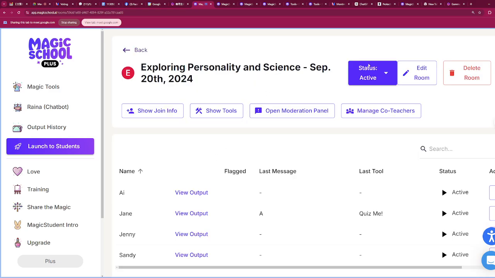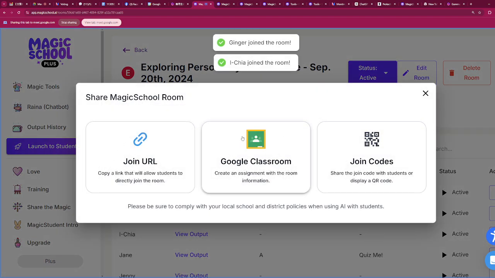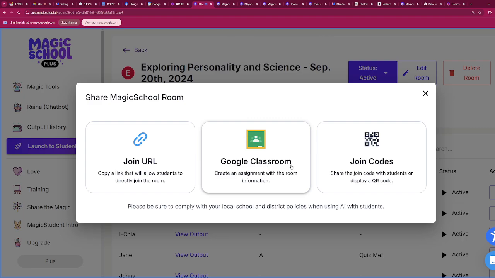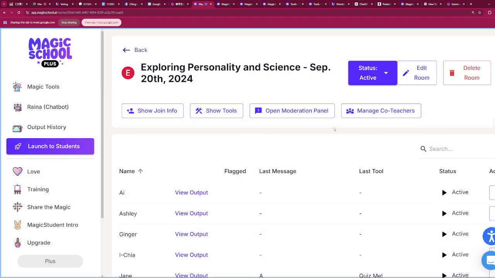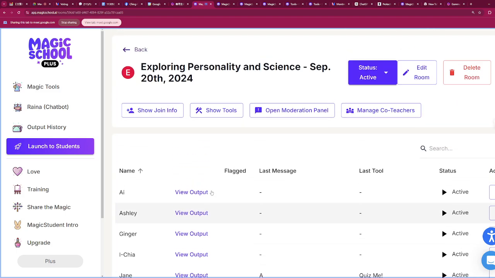This is the join information. Please join. You could also insert it into Google Classroom or use the join code. Yay, so far 3 people have joined. 4. Wonderful. Join me in this room. Oh, wow. We've got several.